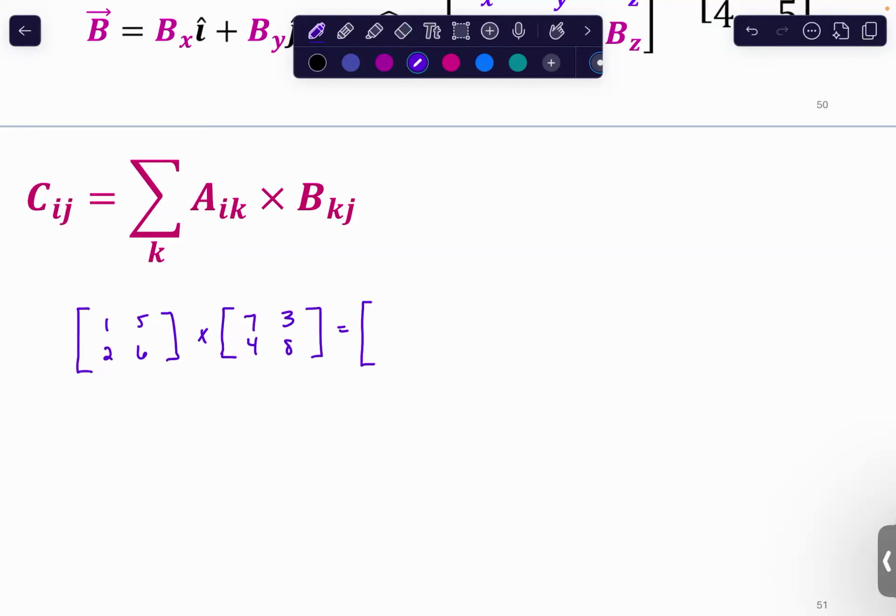In the first spot here, that's going to be our C11, so that's C row 1, column 1. What that means is we're going to multiply row 1, column 1, and add those components together. So we're going to have 1 times 7 plus 5 times 4.